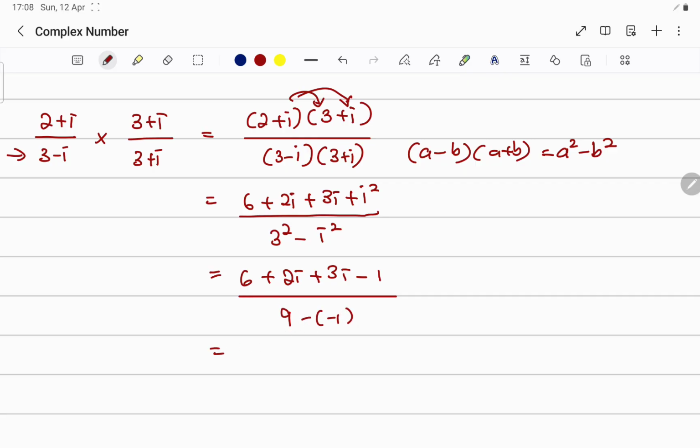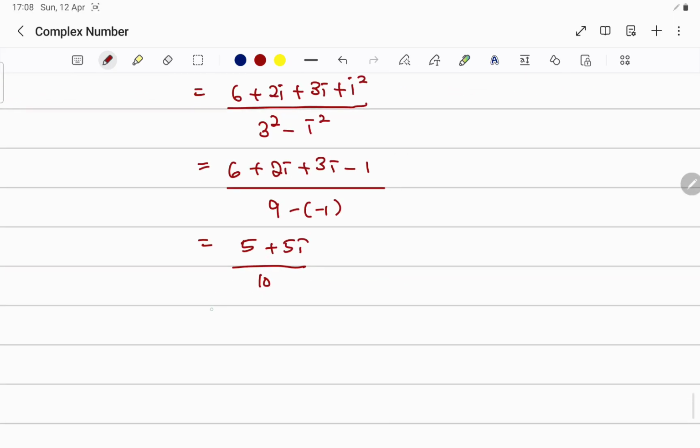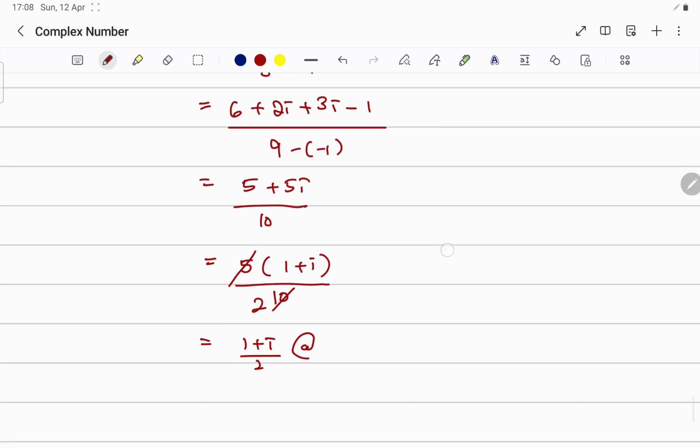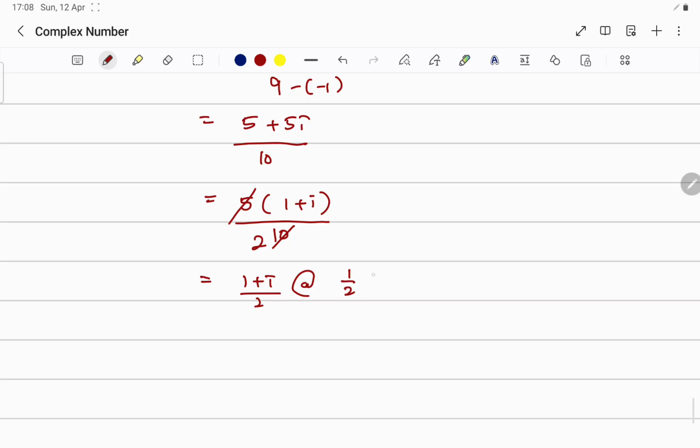You're going to get 6 minus 1 equal to 5, plus 2i plus 3i is 5i, divided by 10. Here you can factorize 5 outside, 1 plus i, then divided by 10. Here you can divide 5 by 10, so you're going to get 1 plus i divided by 2, or you can factorize, 1 over 2 times 1 plus i. Like this.